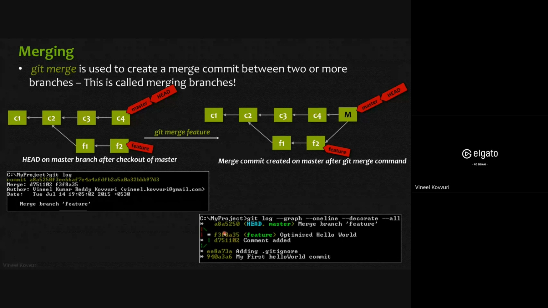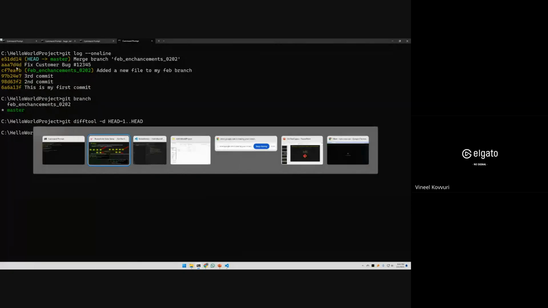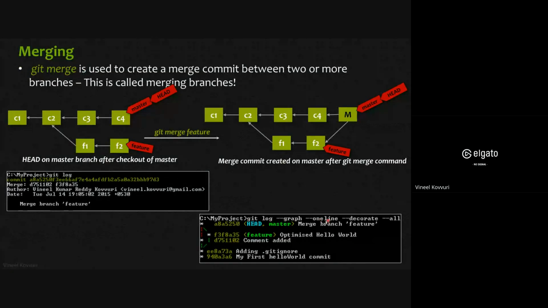But when I do just git log, it will show me in a sequential fashion. But if you do these extensive command line options, it actually shows you like this is the master and this is your feature. So it is basically showing you the actual graph that we see here. Okay, again, let's not go there. We don't need that functionality.